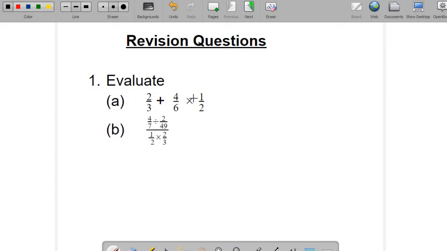Okay, so we're going to be doing the multiplication part of this expression before we add. So that means we're going to zone in on this part of the expression, which is 4/6 times 1/2.